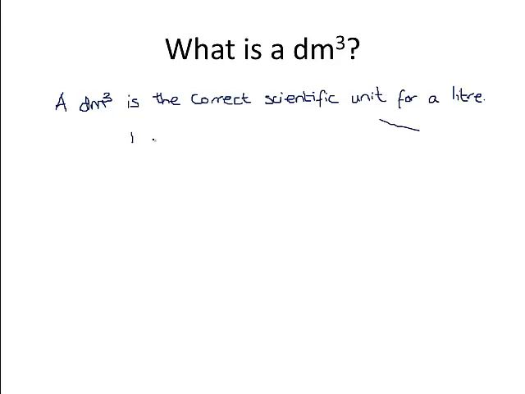One decimeter is equal to 10 centimetres. So that means that 1 decimeter cubed is equal to 10 times 10 times 10 centimetres cubed. So 1 decimeter cubed equals 1000 centimetres cubed.